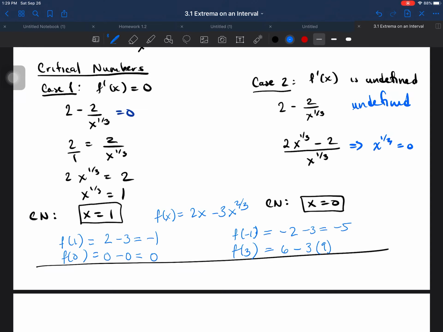9 to the 1/3. We can see here that I'll have to use the calculator for that one, just because it's going to be a decimal.